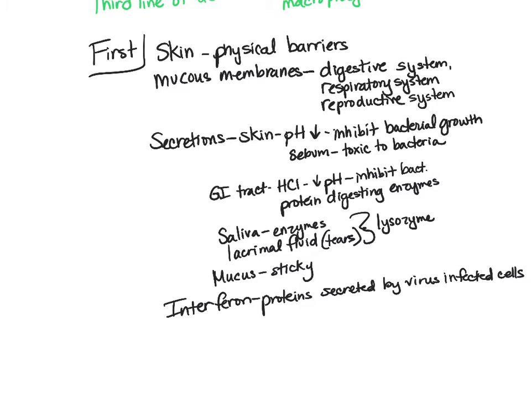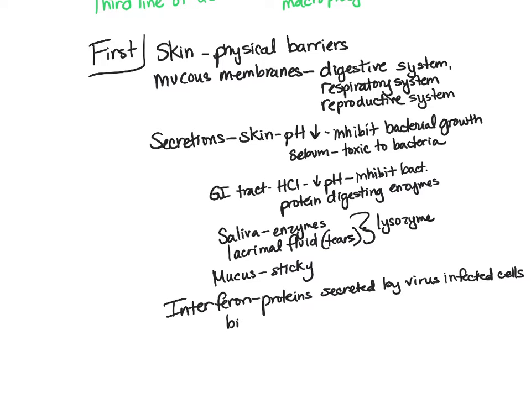These interferon proteins then are going to stimulate the cells around it to produce antiviral proteins to protect them from the virus so that they don't get the virus and they don't get infected. So this is going to interfere with the virus being able to move on to the cell next to it and then infect that cell. So these proteins are secreted by the virus-infected cells.